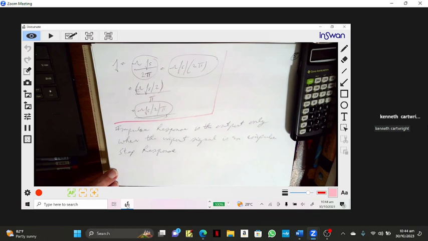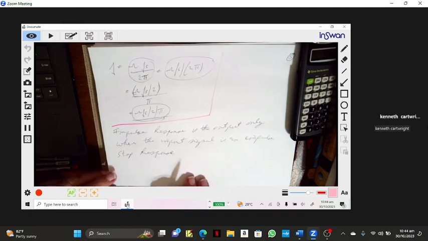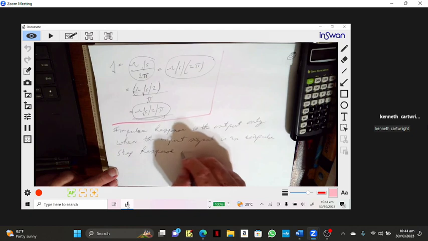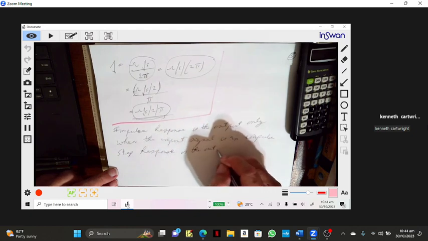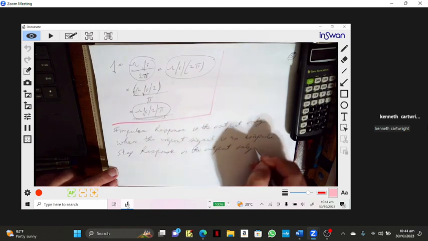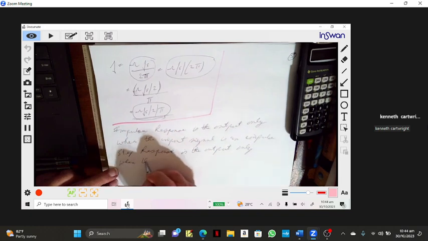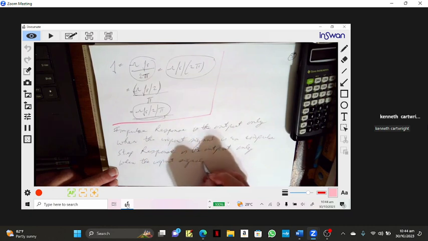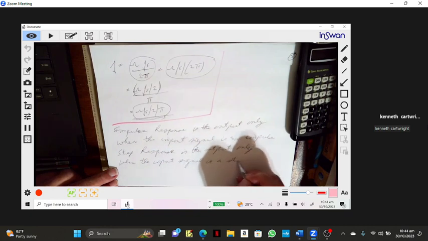Please restate what you said. I just didn't hear you properly. The step response is the output only when the input is the step function. Yes. The step response is the output only when the input signal is a step function.